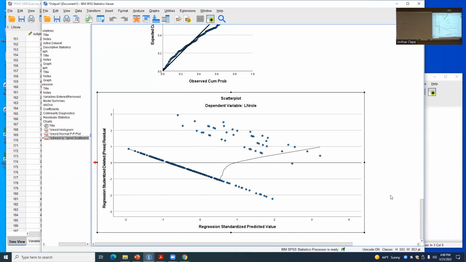We move over to about here, and it looks like we have our conditional distributions here, right? So the distribution of our residual for each predicted value looks to be positively skewed across this.